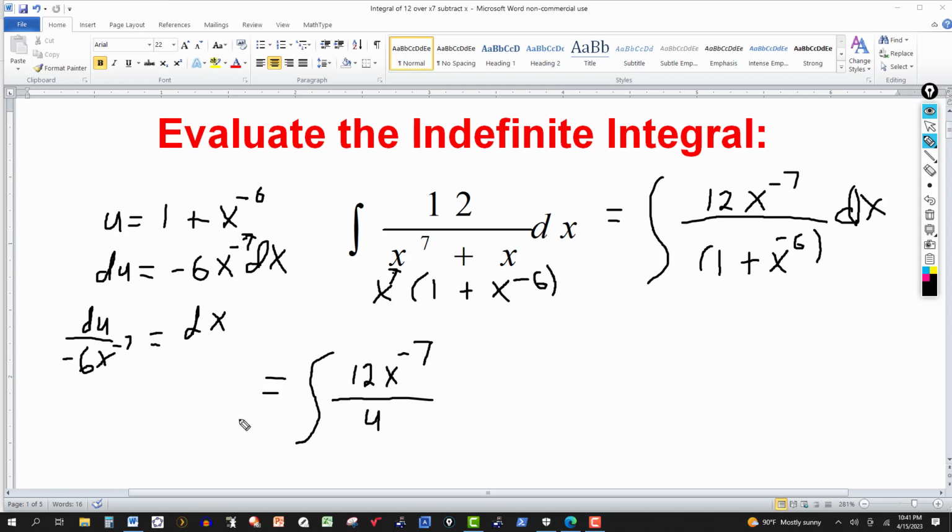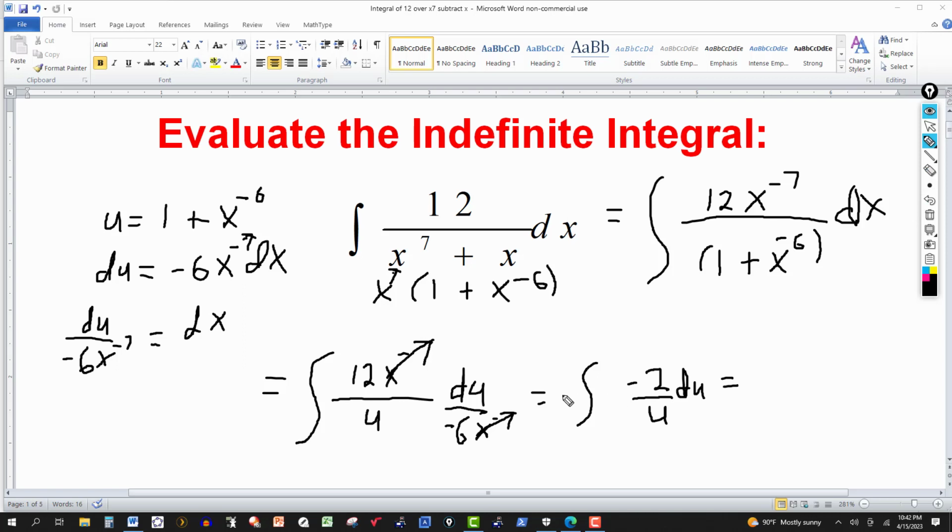Instead of dx, I'm replacing that with du over negative 6 x to the negative 7. The x to the negative 7 cancels, divides out, and negative 6 into 12 is negative 2. So I got negative 2 over u du.